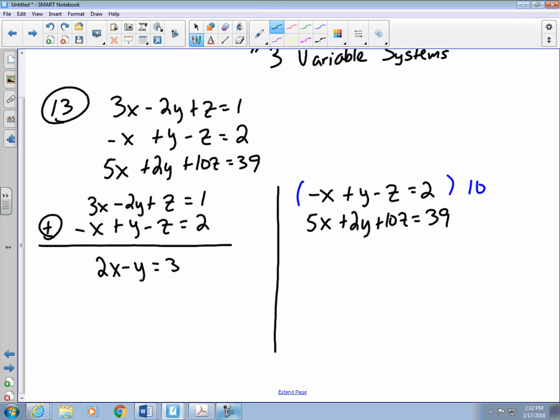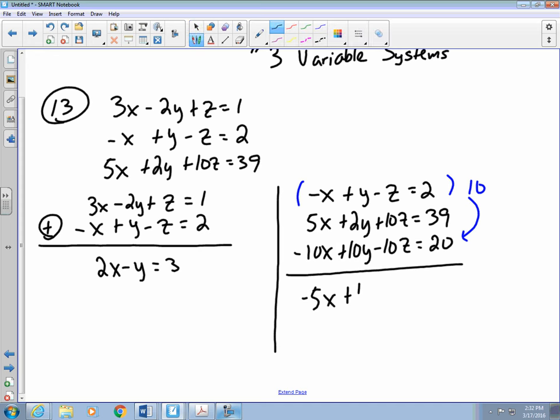So to do that, I'm going to make it negative 10 by multiplying it by 10. I'm going to rewrite this as negative 10x plus 10y minus 10z equals 20. So that function is now this function. I'm going to add those up. Now I have negative 5x plus 12y equals 59.